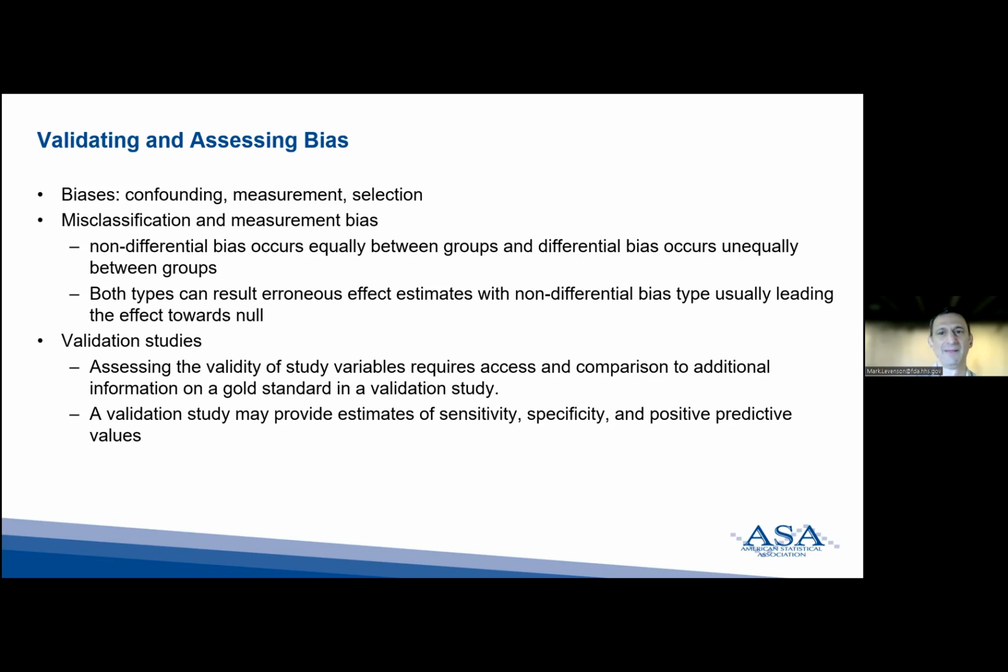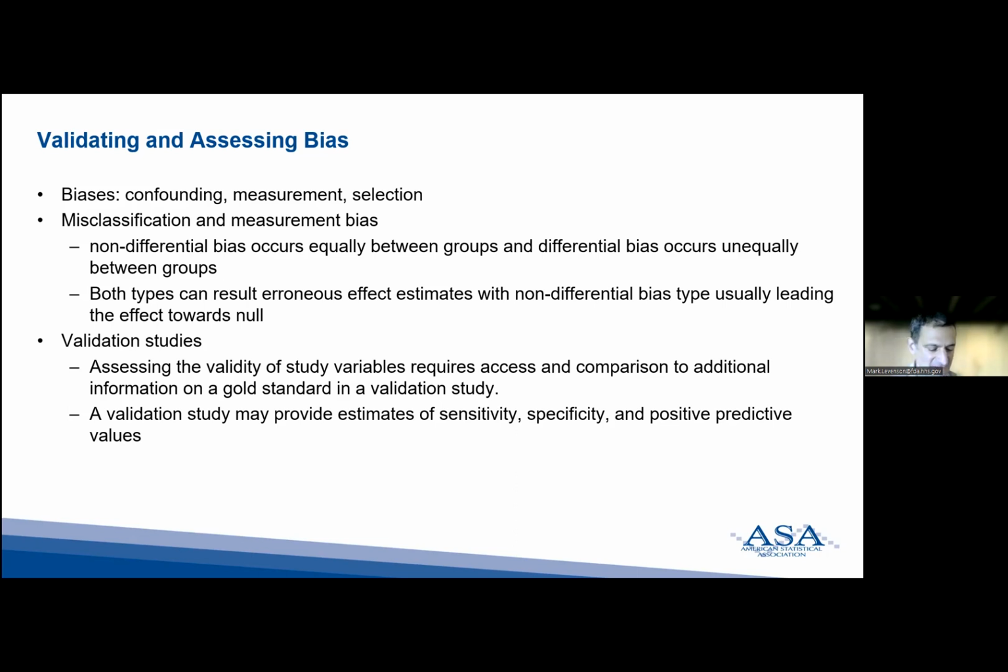Non-differential bias occurs in both treatment groups, and differential bias occurs sort of unequally between groups. And both types are bad, and they have different consequences, or some of the same consequences. But generally, the non-differential bias is going to bias things towards the null.